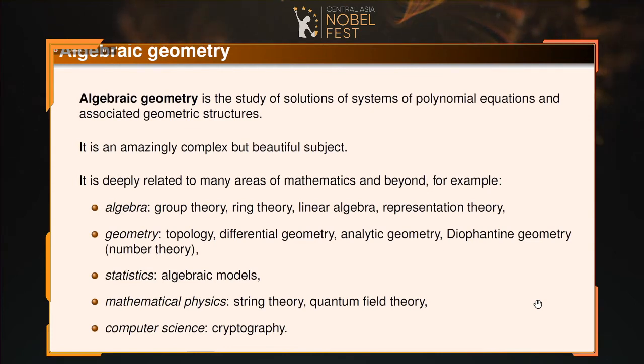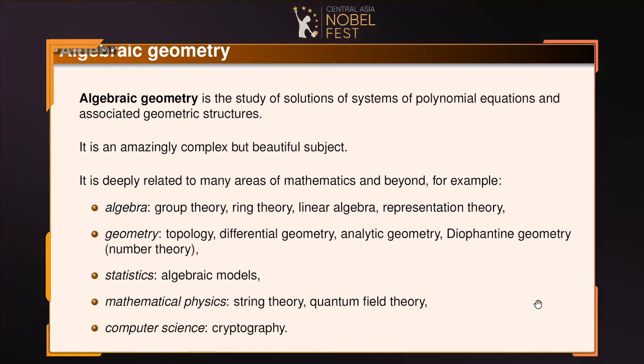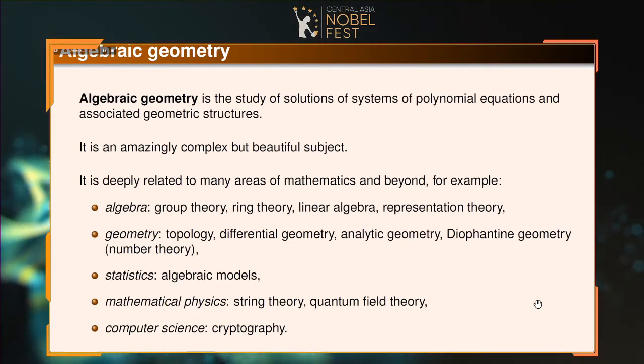For example, topology, differential geometry, analytic geometry, Diophantine geometry, which is basically number theory, but also related to statistics, where now algebraic geometry is used to construct certain algebraic models. It is related to mathematical physics, for example, through string theory, but also quantum field theory, and so on. It's related to computer science, for example, cryptography, and so on. So there is a long list, of which I just gave some examples here.